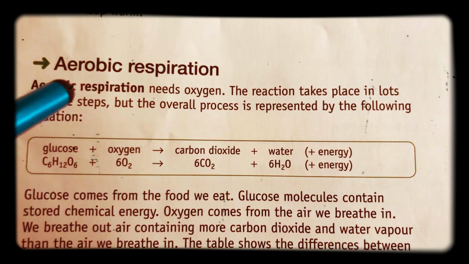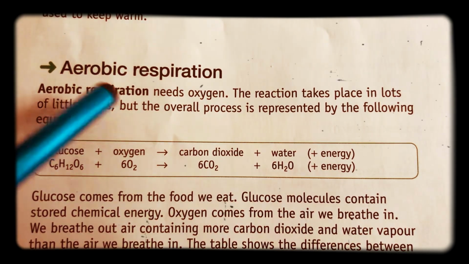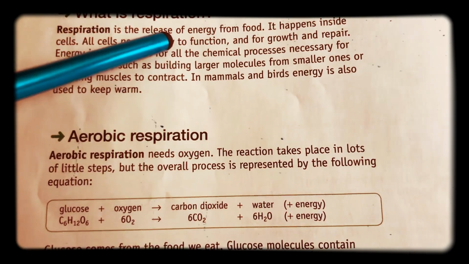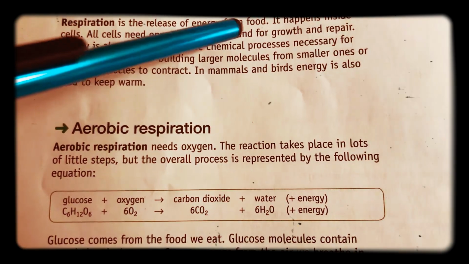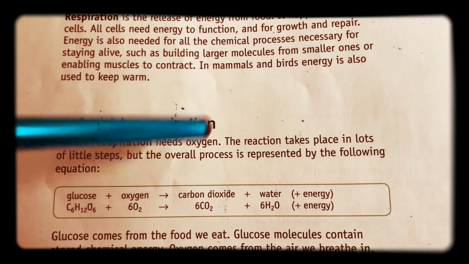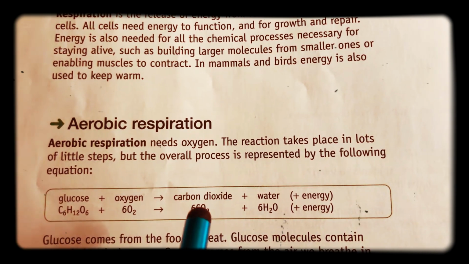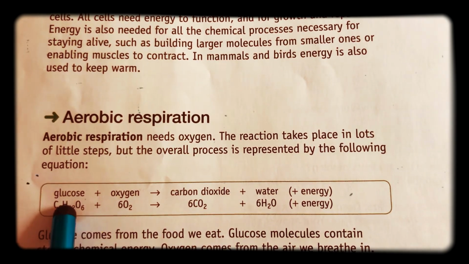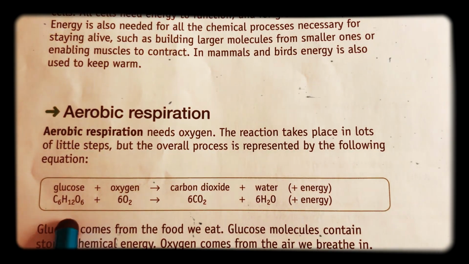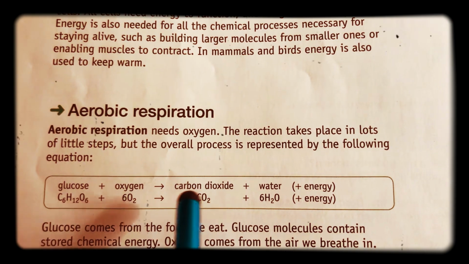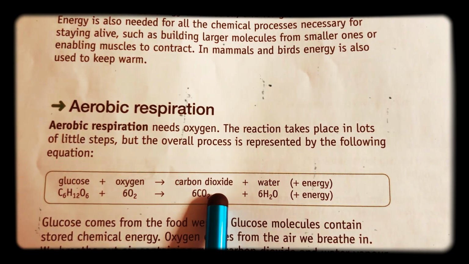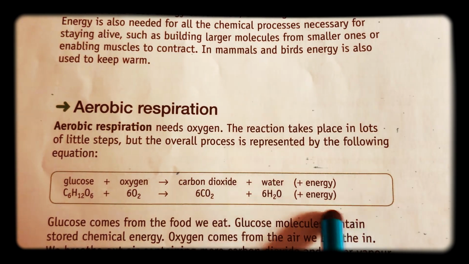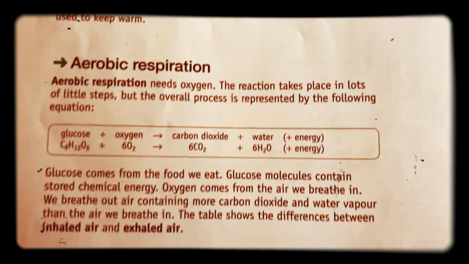Here we go. This is a big one. Aerobic respiration is a respiration which releases energy from food. It uses up oxygen and glucose, which is that store of energy, and it produces carbon dioxide and water, and in that you also release some energy.